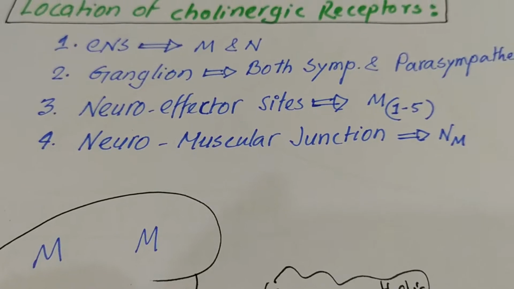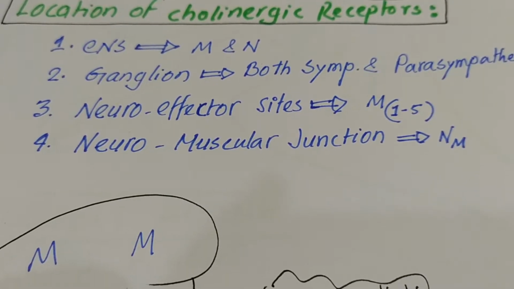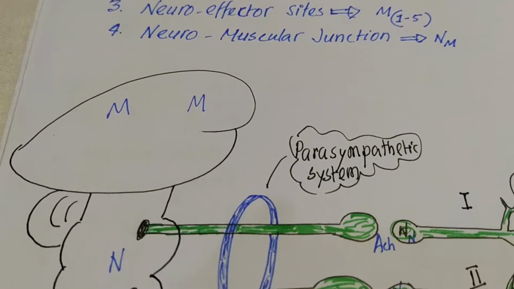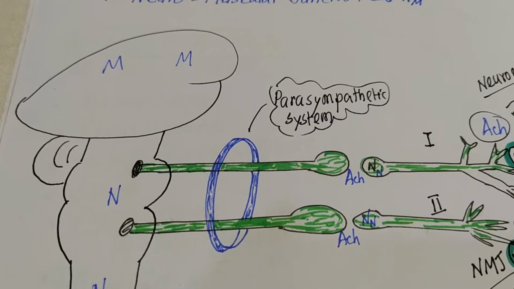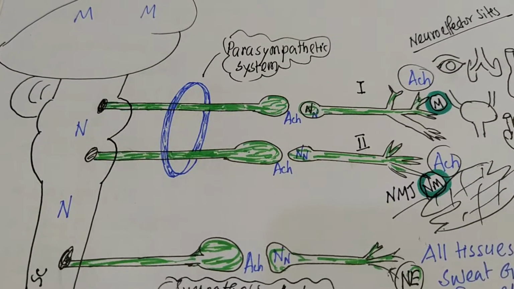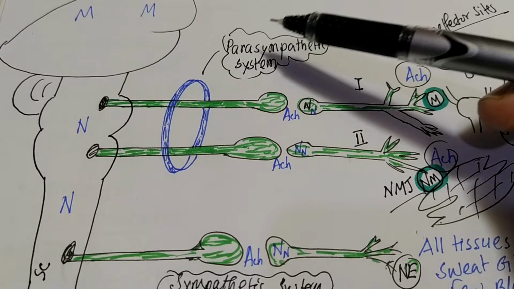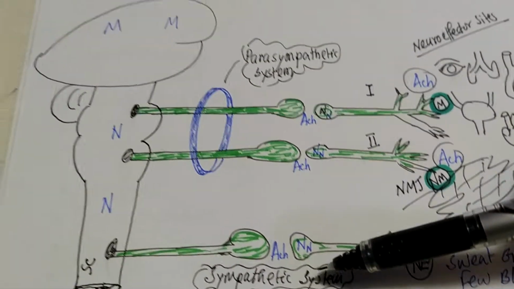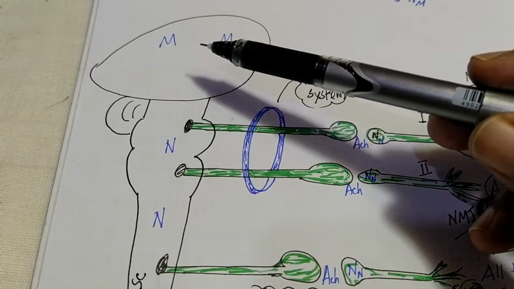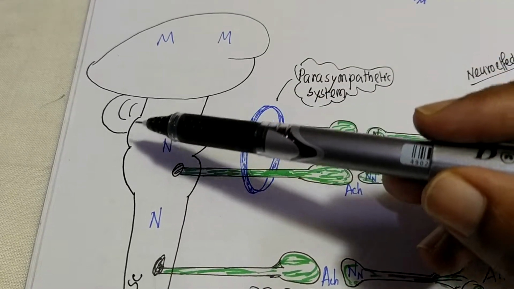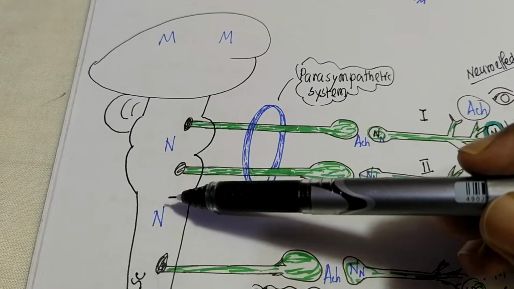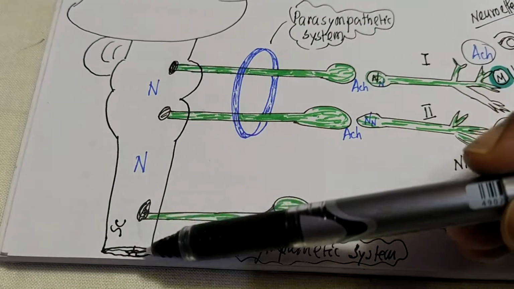To understand the location of receptors in the cholinergic system, we should understand the functional anatomy and physiology of the autonomic nervous system. The autonomic nervous system consists of the parasympathetic and sympathetic systems. This is the central nervous system, consisting of cerebrum, cerebellum, midbrain, pons, medulla oblongata and spinal cord.